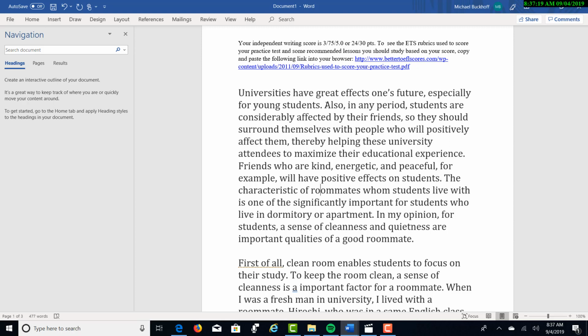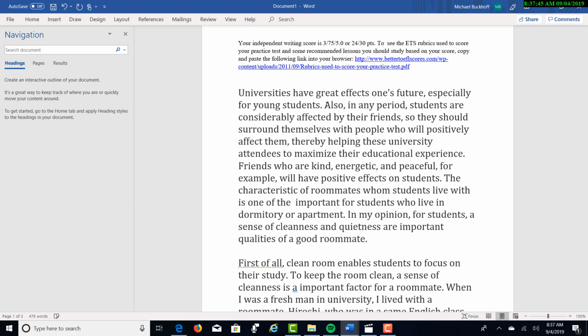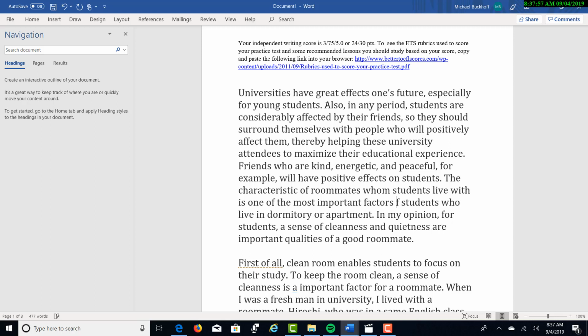The characteristics of roommates whom students live with is one of the significantly, we'll say one of the most important factors for students, and we'll reduce that adjective clause there.